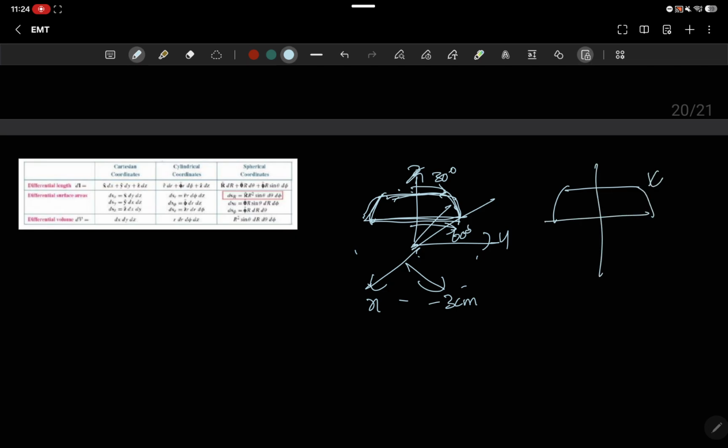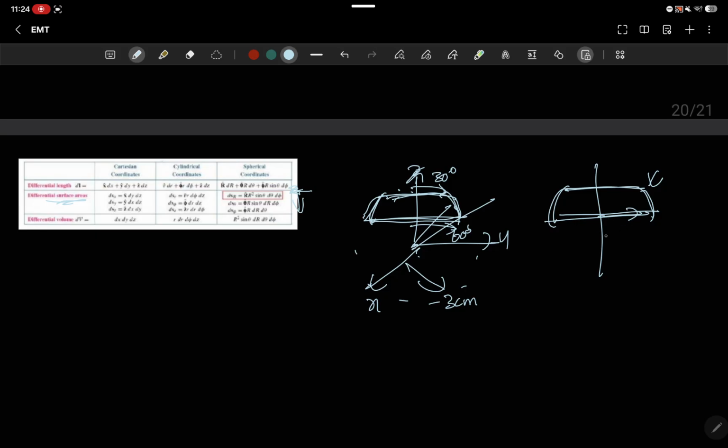In order to find the surface area, this is the surface area formula. Now we have 3 formulas here, and each formula represents a unique characteristic. In this case we know that the radius is not changed.